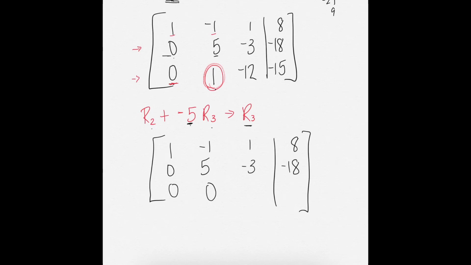That's the whole point. Then my next one is row 2 is -3 and -5 times -12. So -5 times -12 is positive 60, and -3 makes positive 57.